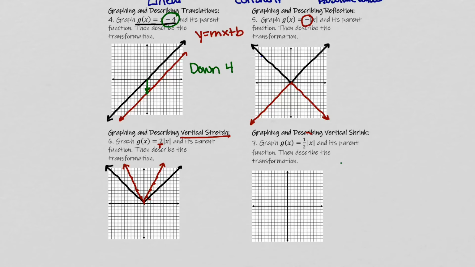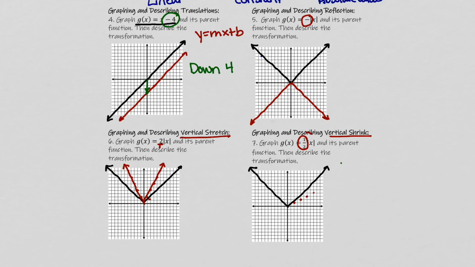Number 7 here, it is also an absolute value, so it's parent function. Okay. Get the red there. Okay, but this time it is a vertical shrink because this number is now less than 1. So instead of going up 1, right 1 like the parent function, I'm going to go up 1, right 2.